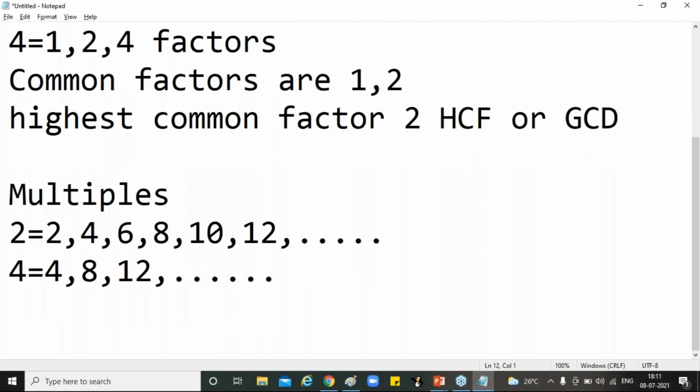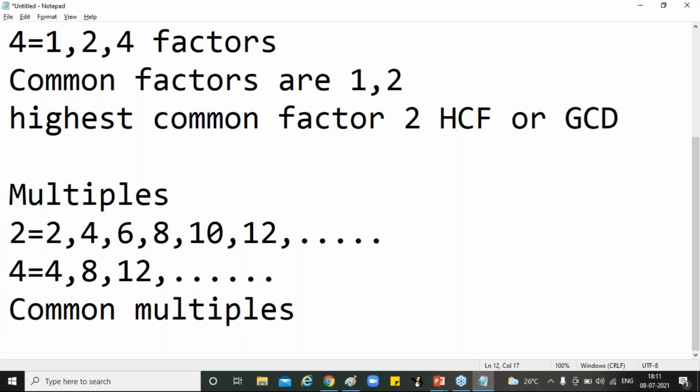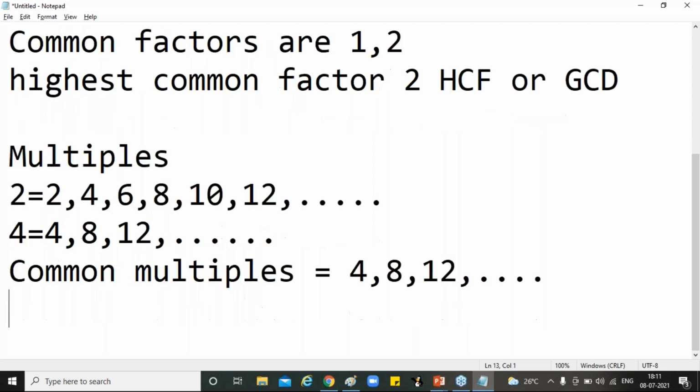Out of all these multiples of 2 and 4, what are the common multiples? 2 is not a common multiple, 4 is a common multiple, 6 is not, 8 is a common multiple, 10 is not, 12 is a common multiple, like that. 4, 8, 12, 16, 20 are all common multiples for both 2 as well as 4.